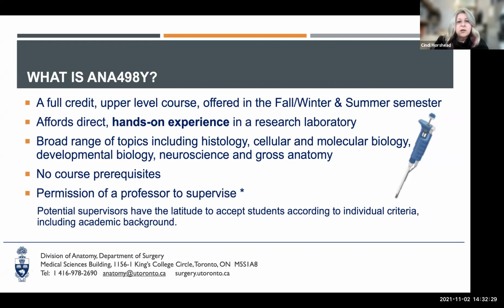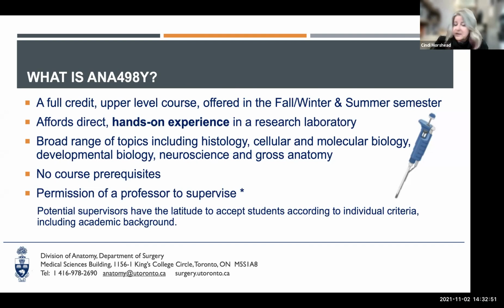And so there's not a lot of prerequisites to get into this course, but you do need the permission of the supervisor. And this is not always something that's easy to come by, but I'll give you a few clues at the end as to how we expect students to be able to take advantage of the spectacular research opportunities that are on campus for an undergraduate student.